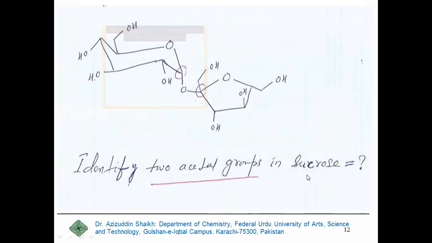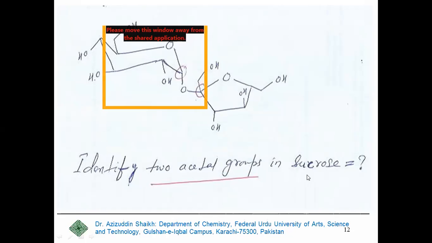Although cyclic hemiacetals are more stable as compared to acyclic hemiacetals, and cyclic acetals definitely are highly stable as compared to acyclic acetals. So we can give a number of examples of acetals.